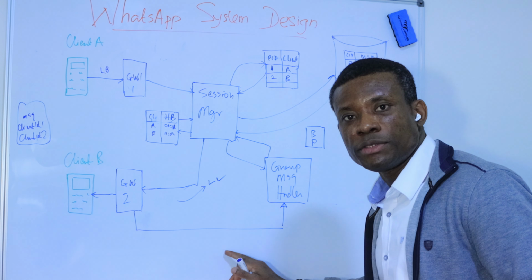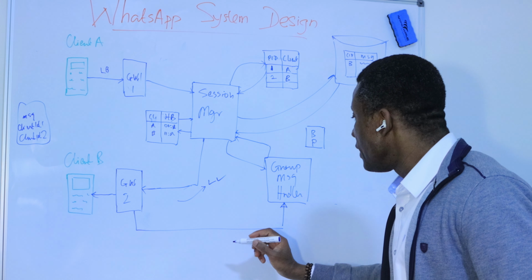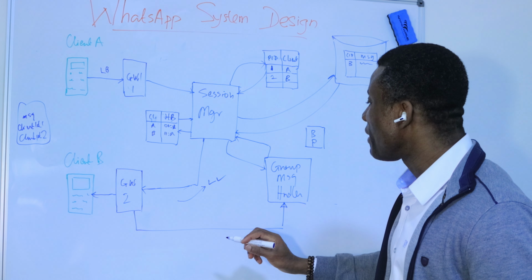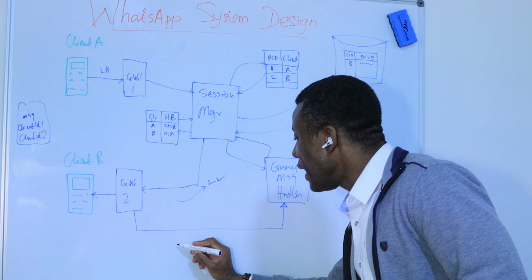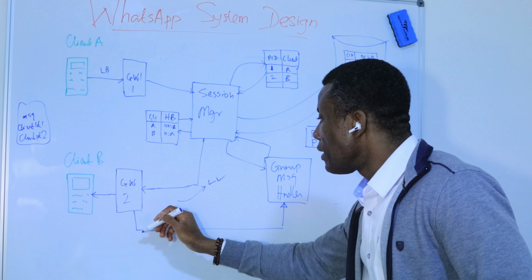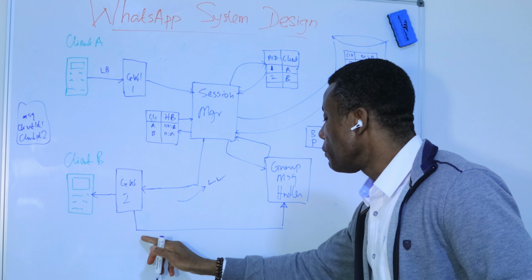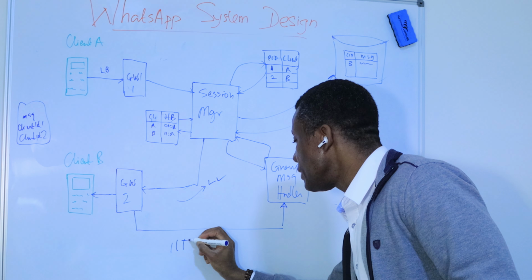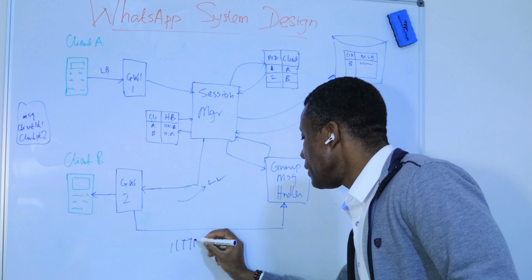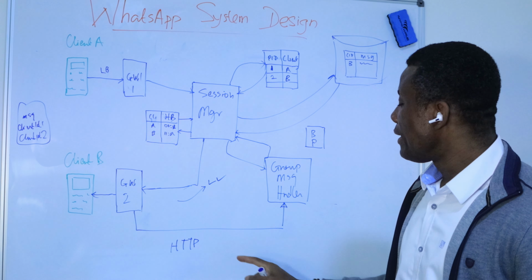So I don't know if this is visible from here. Okay, I don't have any more space here. So we have the media coming from here is going to be sent by HTTP, all right?